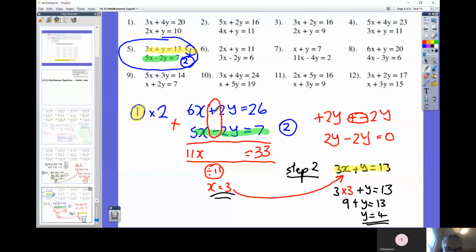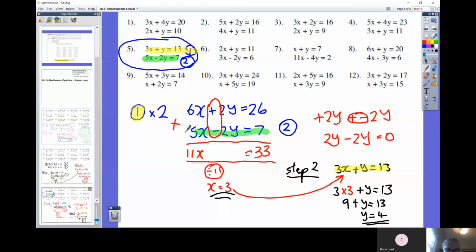Because I've done that doubling, I've got a 2y here and a 2y here. Now, the key bit here is, because the signs are different, we've got to choose to add the equations together, not subtract them.